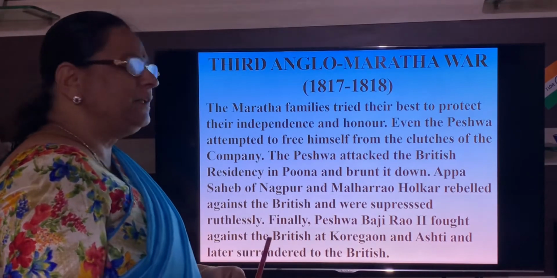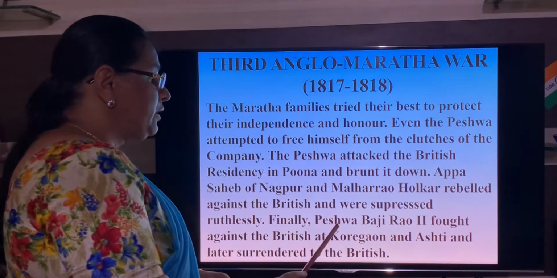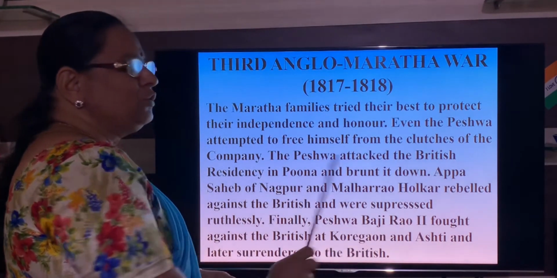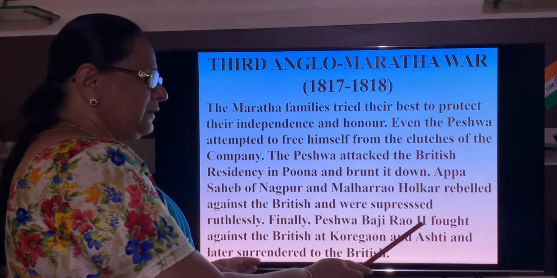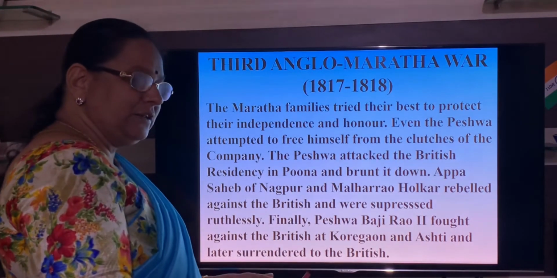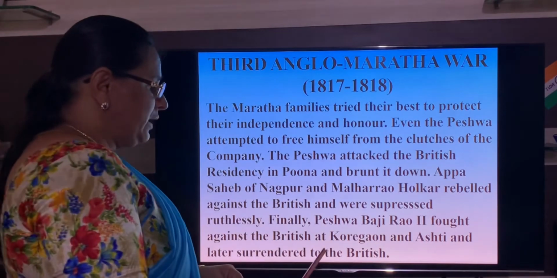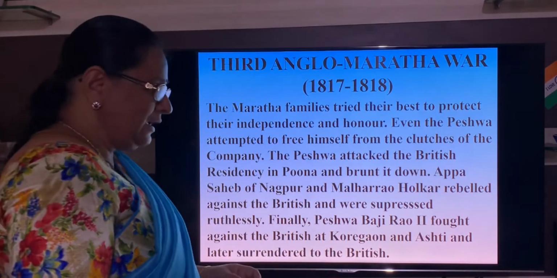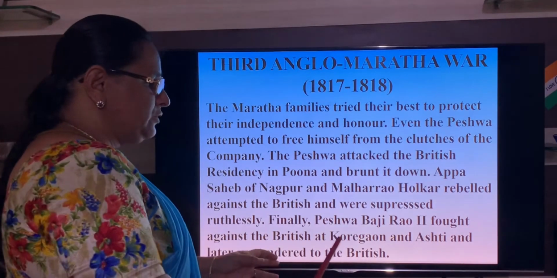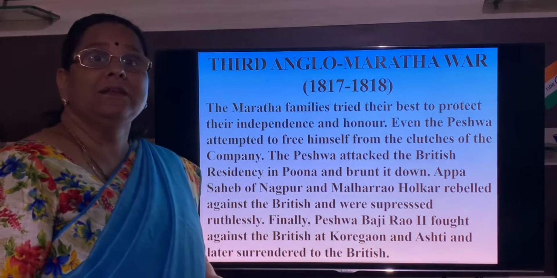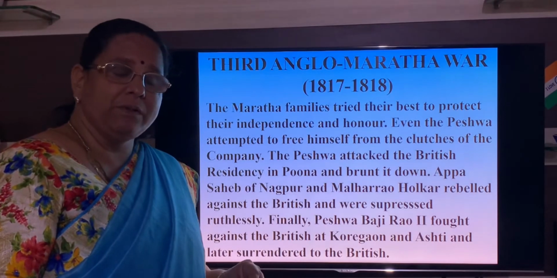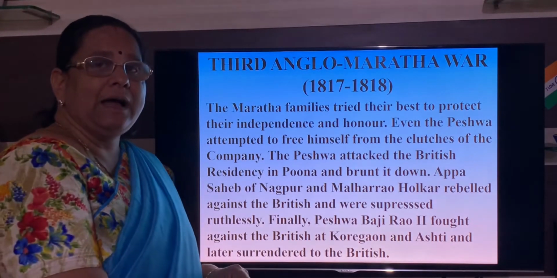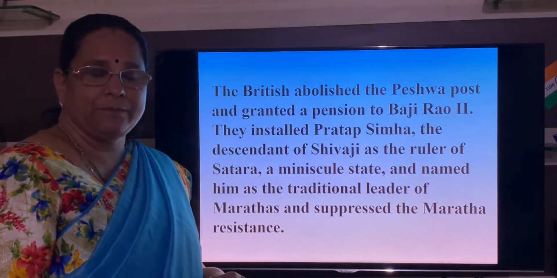And next you have to remember Peshwa Baji Rao II, who fought a battle against the English in two different places, Koregaon and Ashti, where he was forced to surrender to the British. So these are the 3 points you have to remember about the Third Anglo-Maratha War.